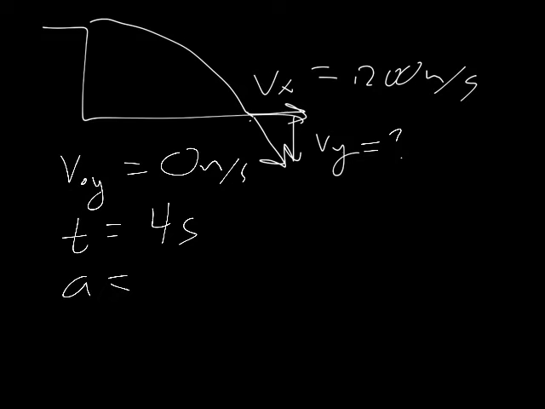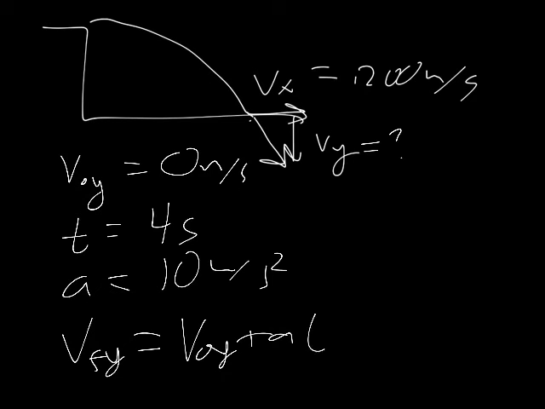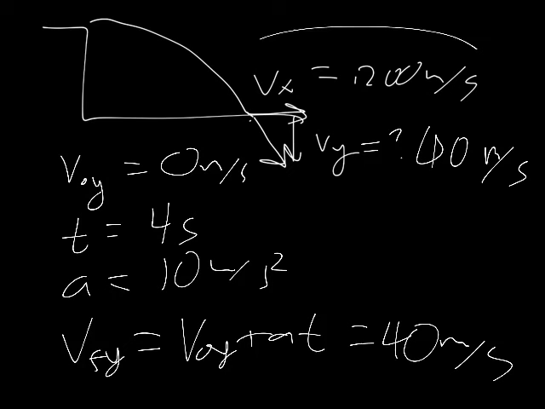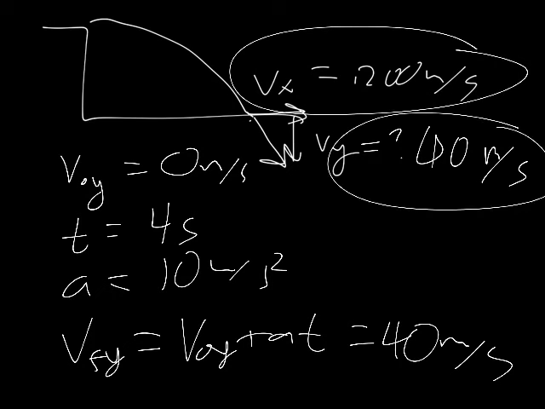So for my sake, if I just say 10 meters per second squared, then V final y, or just Vy, is going to be equal to V0y plus at, which is equal to 40 meters per second. So those are our two components: 1,200 meters per second and 40 meters per second.